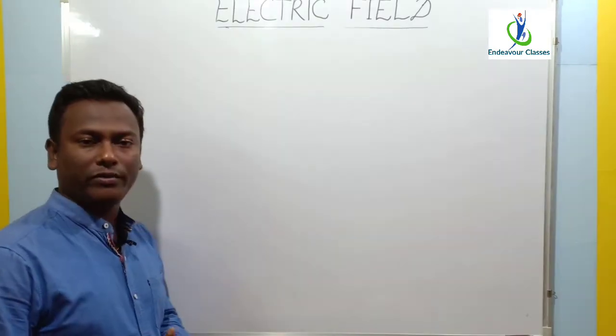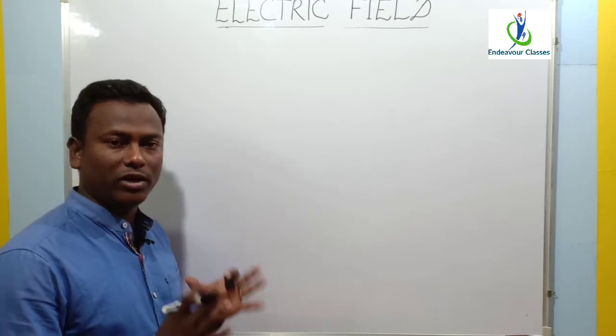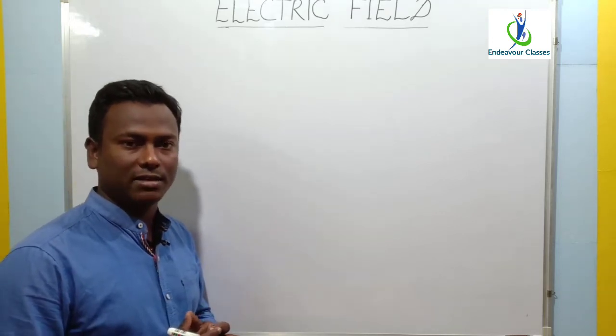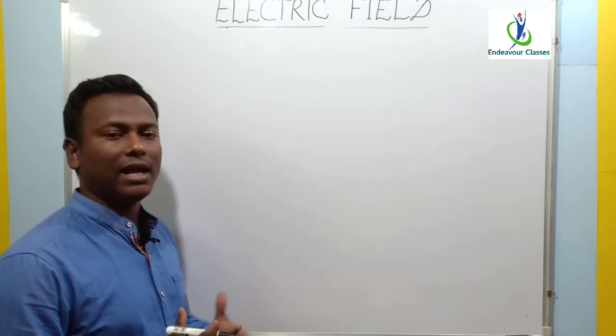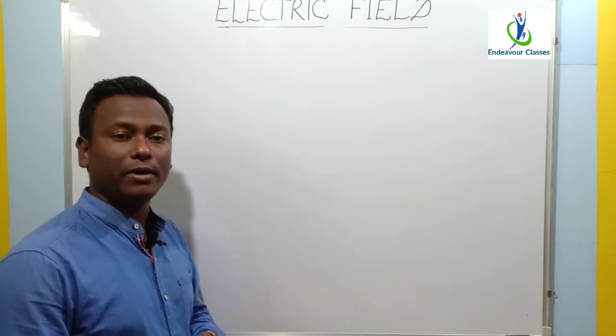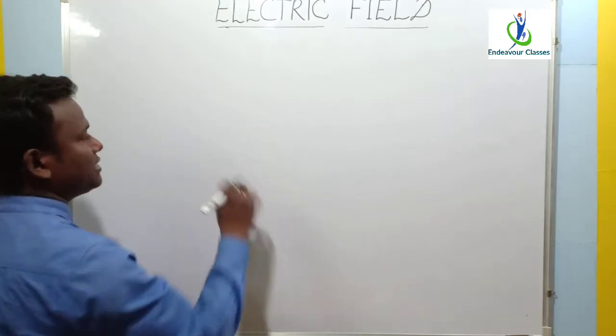As I told you previously, the electric lines of force originate and terminate on charges or on conductors perpendicularly. That means the electric lines of force are always perpendicular to the surface of a conductor. Let us explain the reason for this.